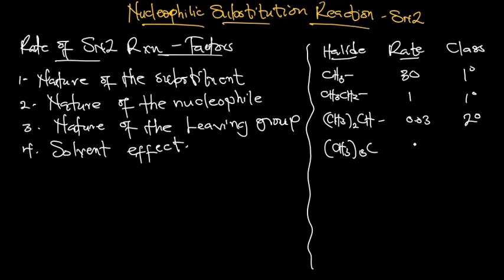We are going to have 0 for the rate. That means that it is impossible to have an SN2 mechanism where the substituents are tertiary substituents. Now, this is simple because the more the size of the substituent increases, the more steric effect we are going to have.